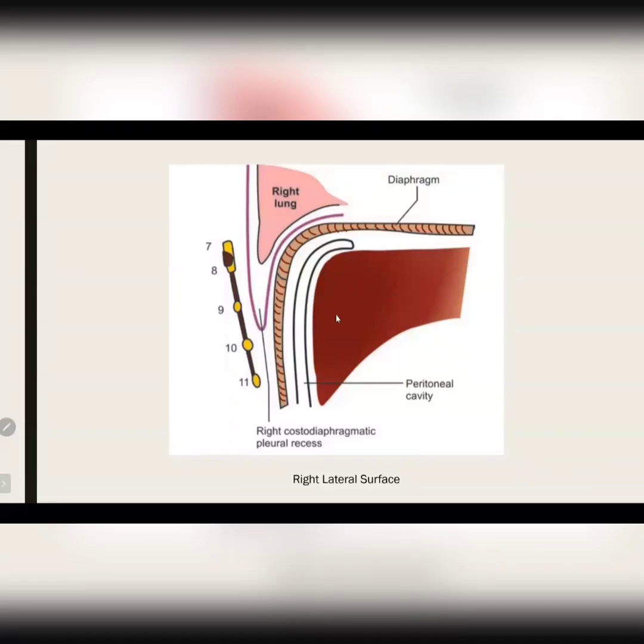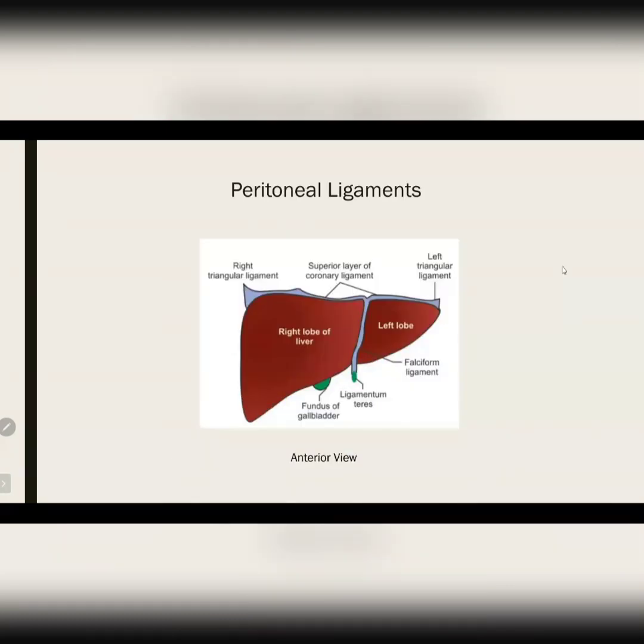The middle one-third is related to the right costodiaphragmatic recess, whereas the lower one-third is related to the diaphragm. The liver is related to many folds of the peritoneum called the peritoneal ligaments.